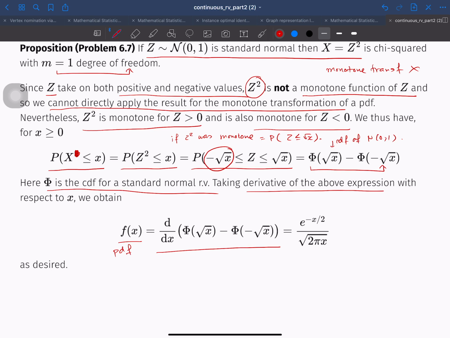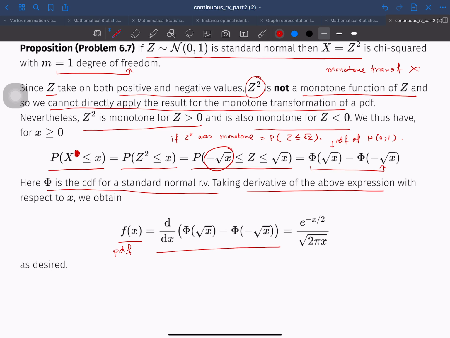And then for this term, you will have a minus, so that's minus of minus 1 over 2 square root of x, and then e to the minus of minus square root of x squared divided by 2.